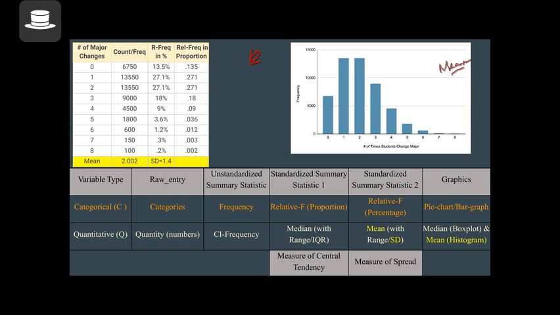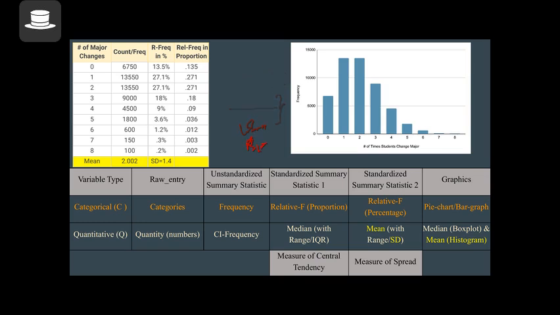And just the mean or median is not sufficient. It should be supplemented by another kind of information called the variability, or the spread, a measure of spread. One is the measure of center, the other is the measure of spread.